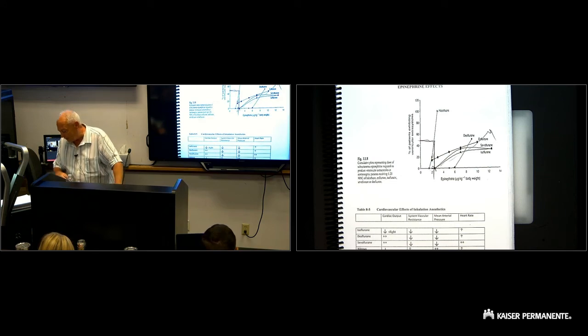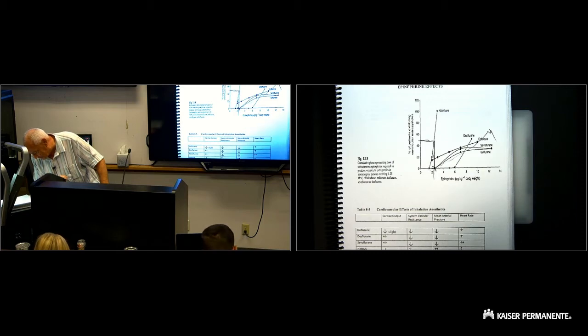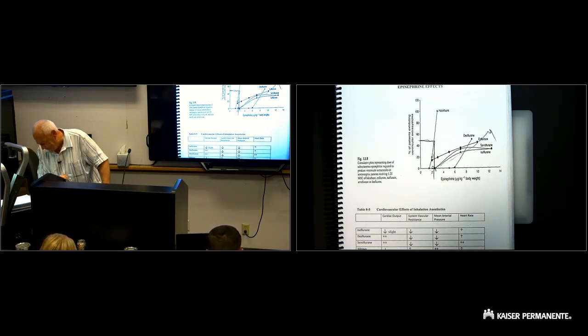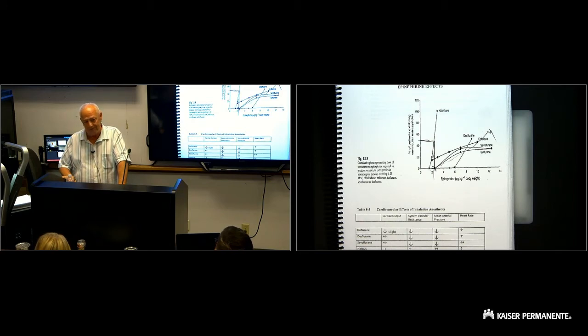So the whole point of this: cumulative plots representing the dose of sub-Q epinephrine required to produce arrhythmias in normocapnic patients receiving quarter MAC of halothane, enflurane, isoflurane, SEVO, or DES. So halothane sensitizes the myocardium, the other ones don't.